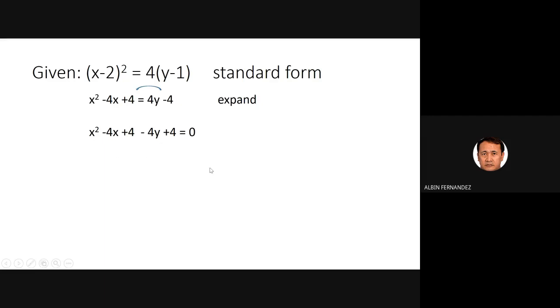Rearranging the terms, you'll have x squared minus 4x minus 4y plus 8 equals 0. Okay? After doing this, what should be the next? Actually, you're done. This is now the general form of the equation of your parabola.